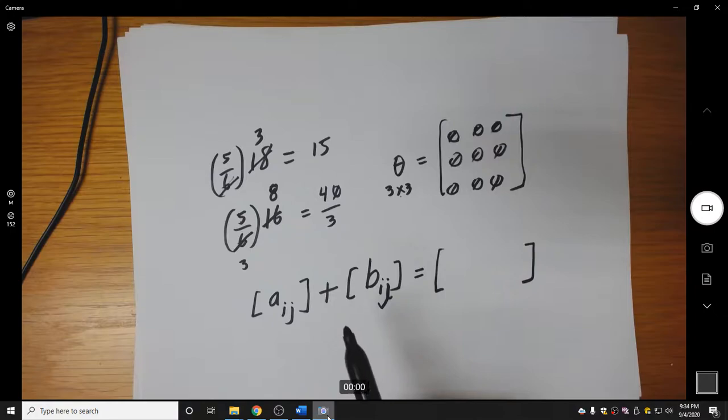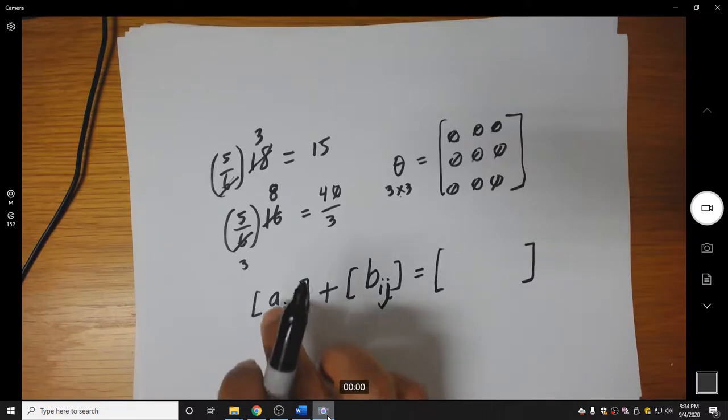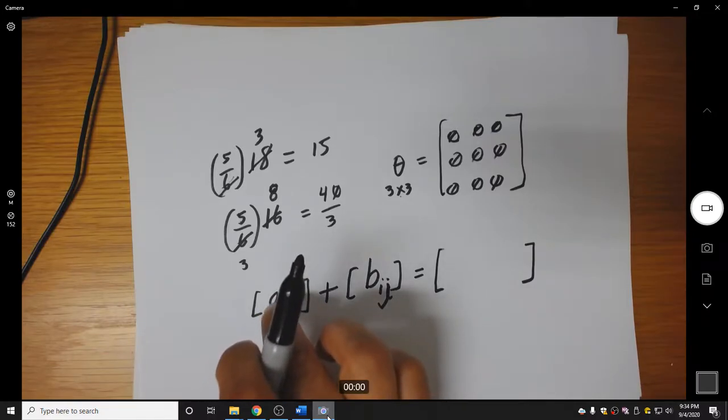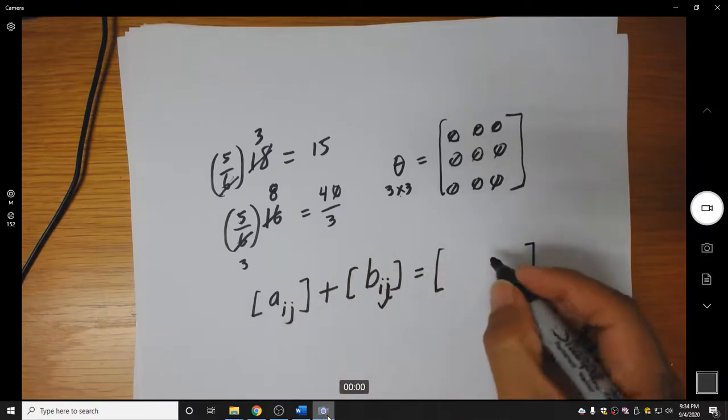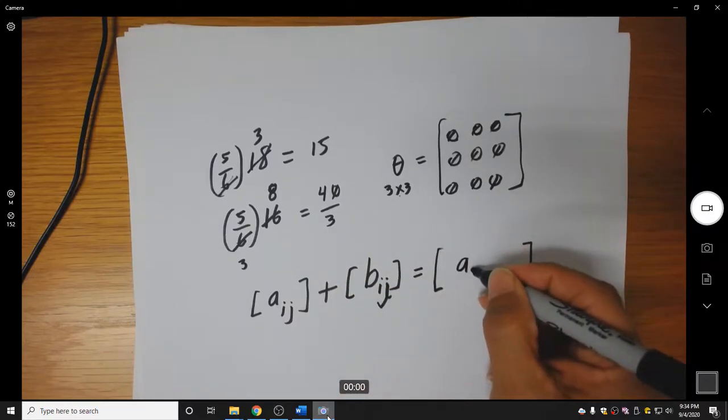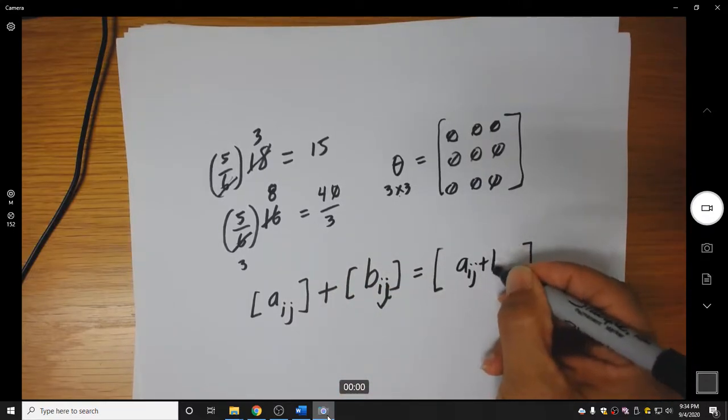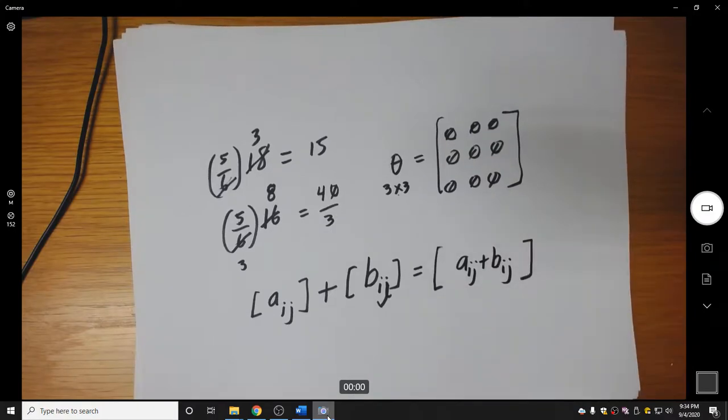And then for the second row is A21 plus B21, A22 plus B22, A23 plus B23, etc. In other words, entry-wise, you add aij plus bij. So that's how we add matrices.